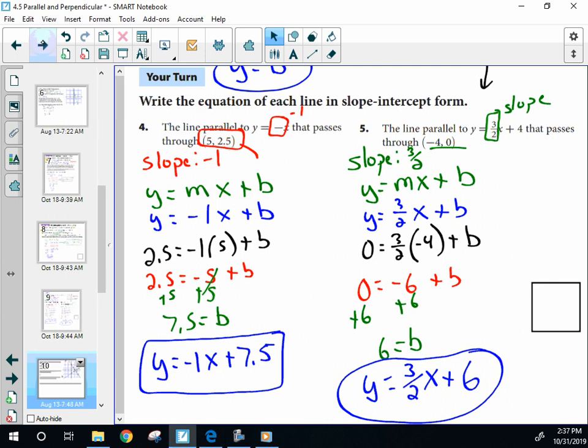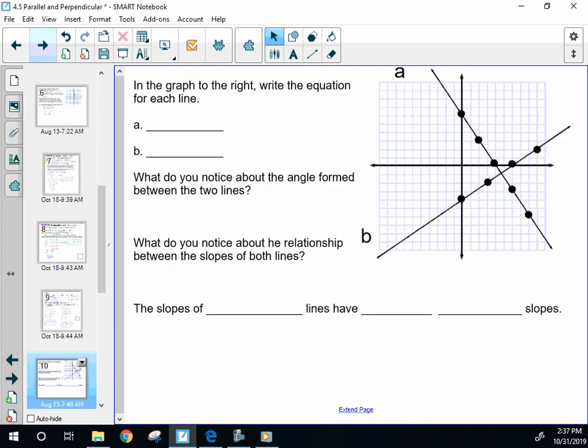Next, we're going to look at two lines here that intersect. In the graph to the right, write the equation of each line. Identify the slope and the y-intercept of both of them. The first line, A here, which starts up here. If I look at it, I got 1, 2, 3, 4, 5. You'll notice the y-intercept is 6.